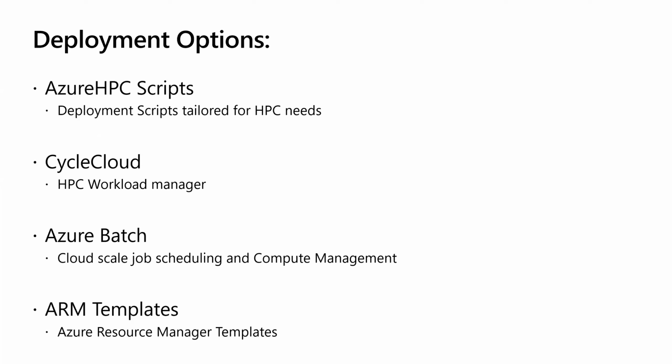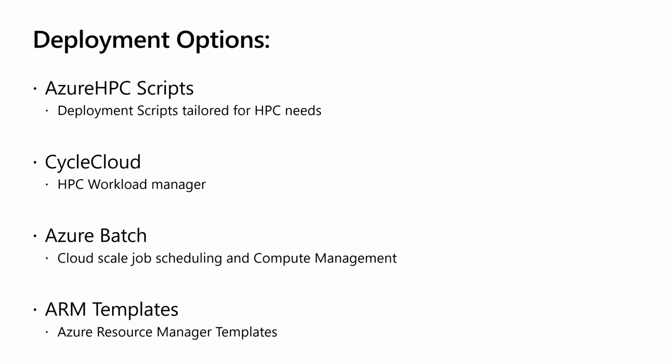It's comparable to a resource manager with a job scheduler. If you're familiar with Slurm or PBS Professional, Azure Batch does similar work in scheduling your jobs, running them, and getting your output files back. And the last option is an ARM template, which Azure HPC and CycleCloud both use, but you can define your resources in a JSON file and then say, let's deploy these resources in Azure.